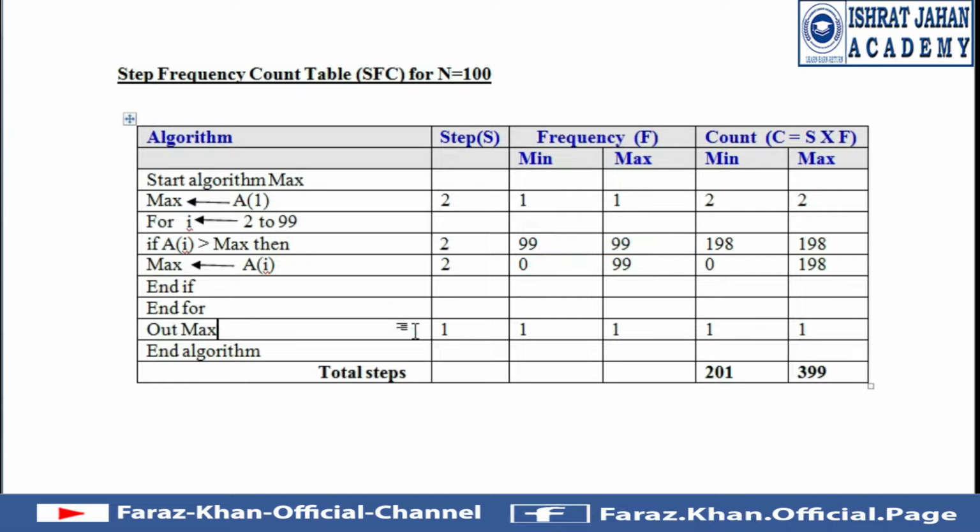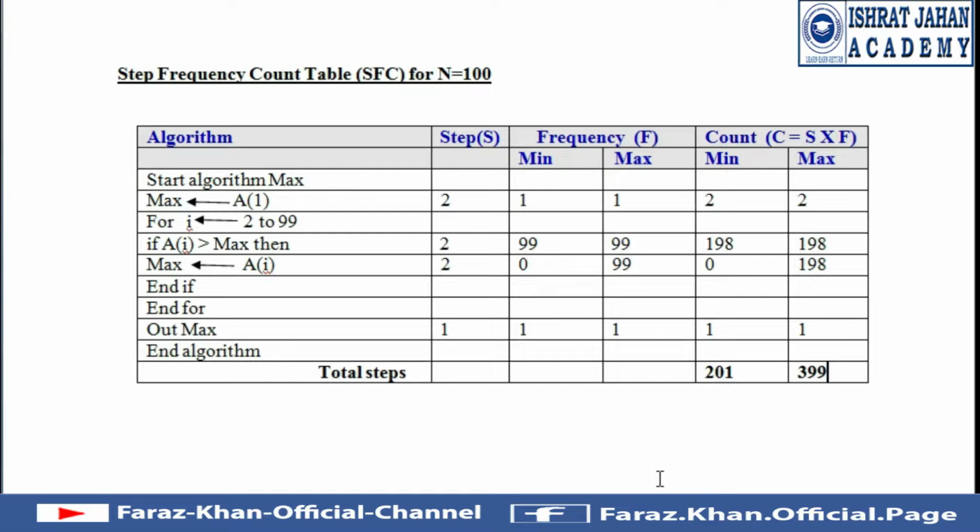Now again, out max, 1 multiplied by 1, 1 multiplied by 1. So when I add up the values, 198 plus 2, 200 plus 1, 201, and 198 plus 198 plus 2 plus 2, it will take 399 steps.